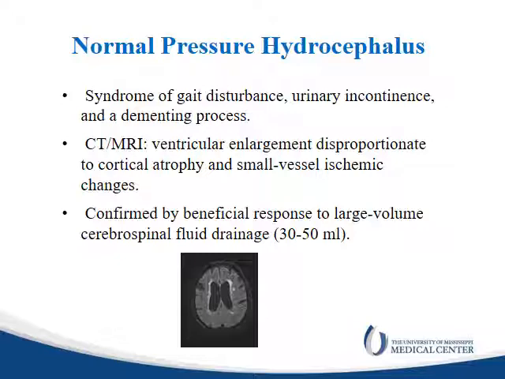That's the indication that the patient may be a good candidate for a procedure called a ventriculoperitoneal shunt. The procedure shunts the cerebrospinal fluid from the ventricle to the peritoneal space in order to bypass the accumulation of CSF and the pressure buildup.